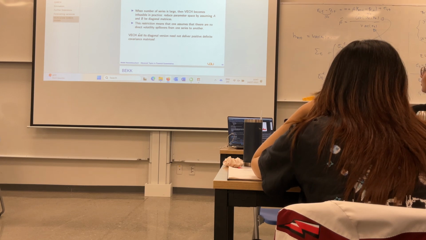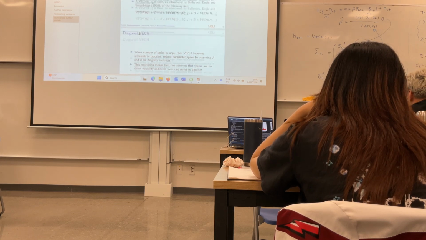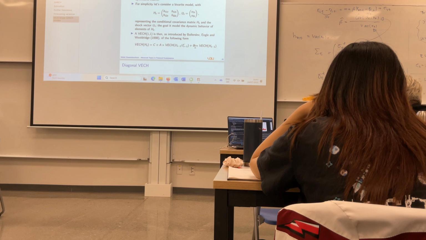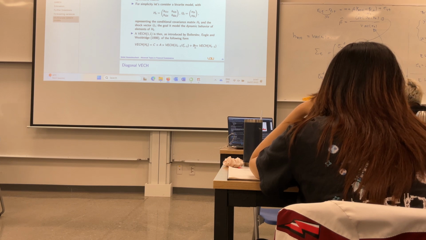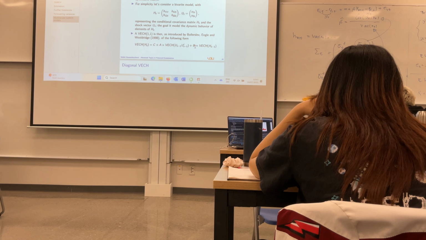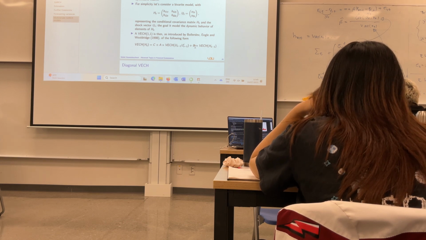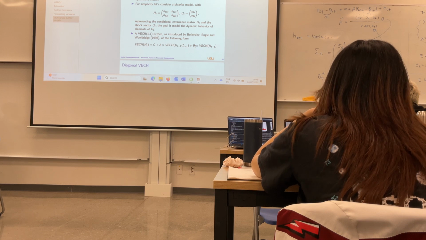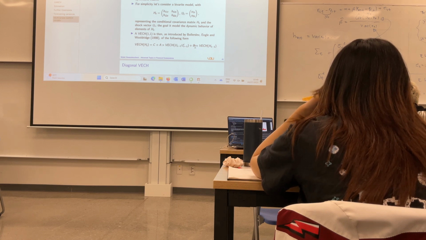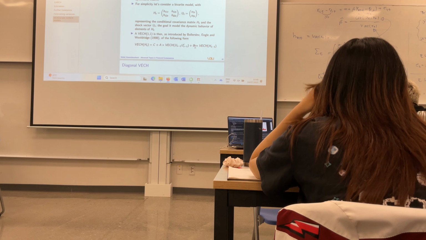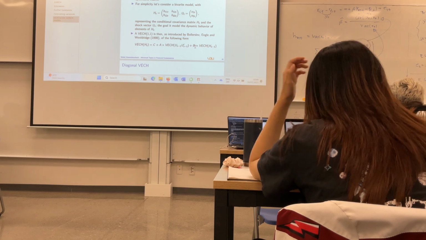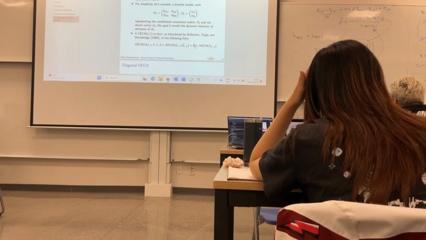They started by saying let A and B be diagonal matrices, meaning all of the off-diagonals are zero. So that becomes the diagonal VEC-H model. A and B become diagonal, so they are sparse matrices. There are not too many parameters to consider, but there are a lot of zeros.